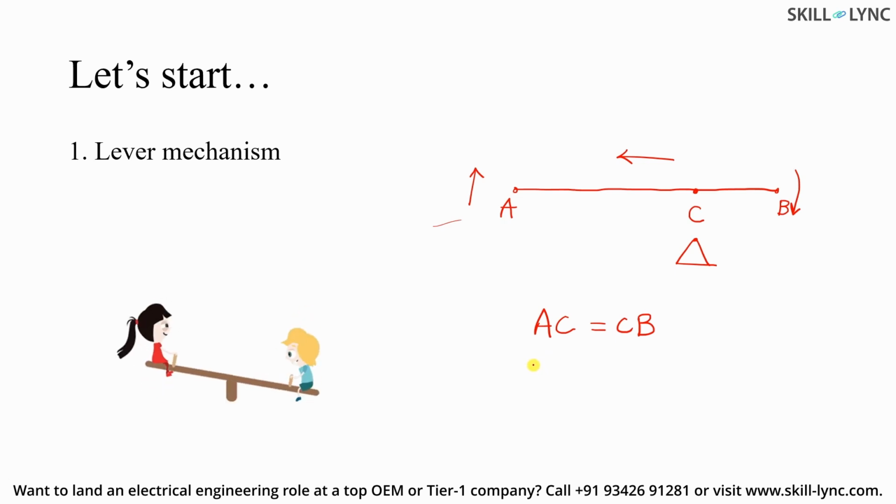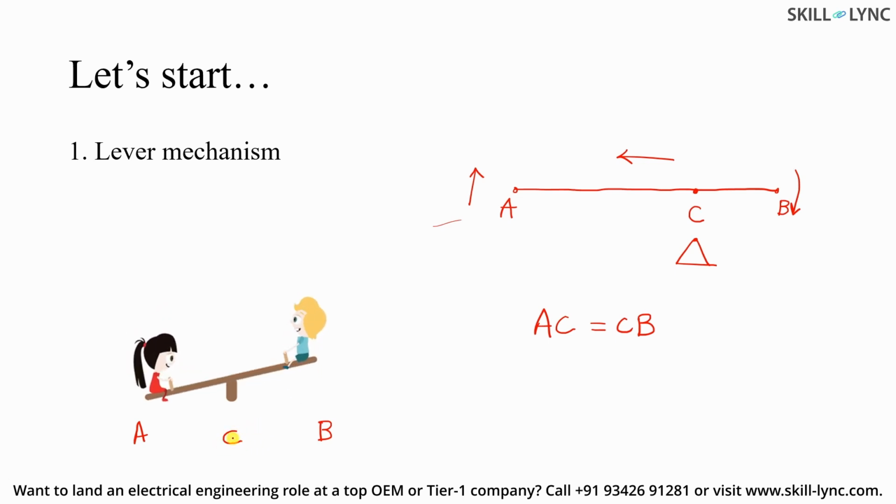This is point A over here, B over here, and the distances AC and BC are going to be the same, and C is going to be the fixed point. So whatever force is applied will be translated to point B, and this is a very simple lever mechanism. So let's explore Simulink for the lever mechanism.